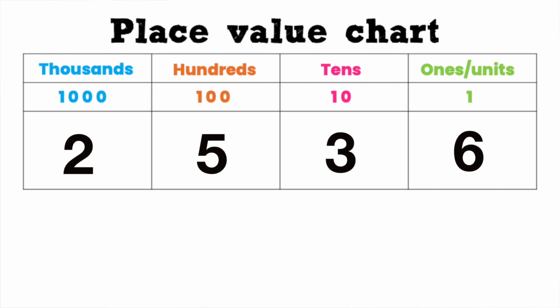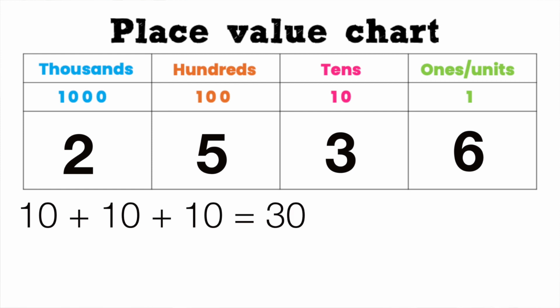The next digit in the number is 3. Now we can clearly see that the 3 is in the tens place, right? You can see there's the name tens and the value below it, it's 10. That means that we've got 3 groups of 10, and that is 10 plus 10 plus 10, and that gives us 30.